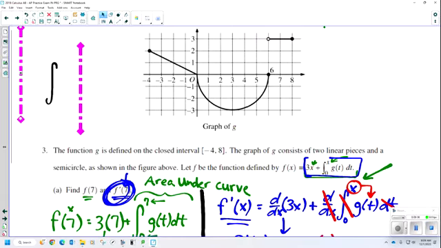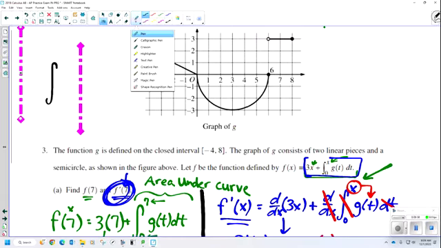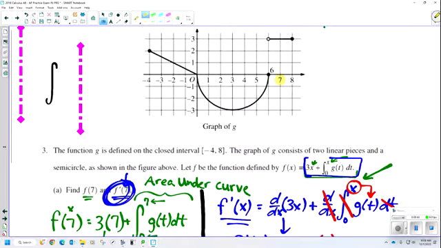When x is 7, where's my y? It's this point right here. That coordinate is when x is 7. My y is 3.